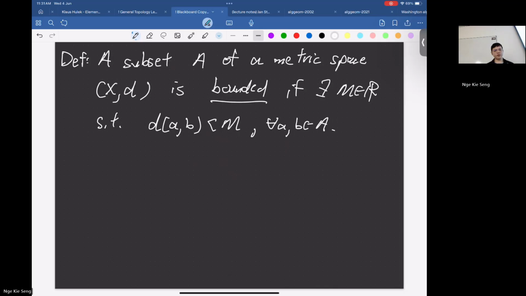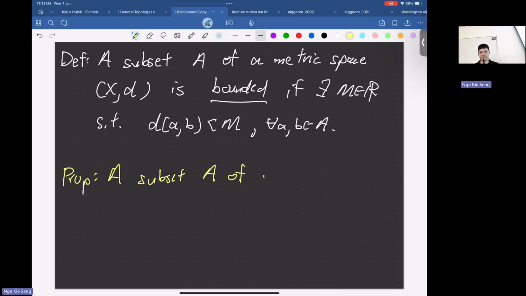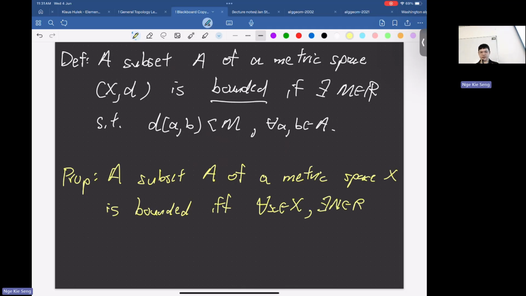One proposition that is easy to prove: a subset A of a metric space X is bounded if and only if for any x in X, there exists an M in R such that A lives inside B(x, M).